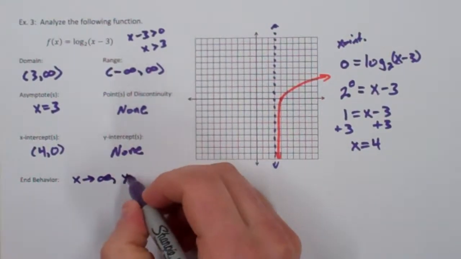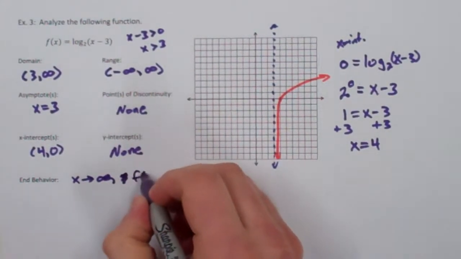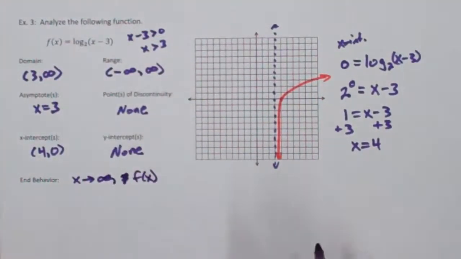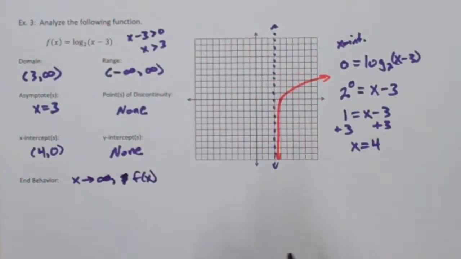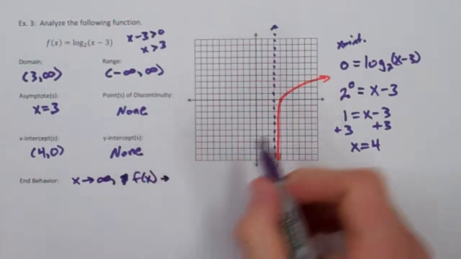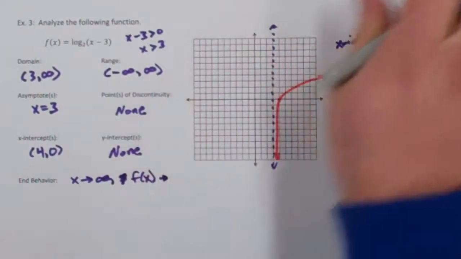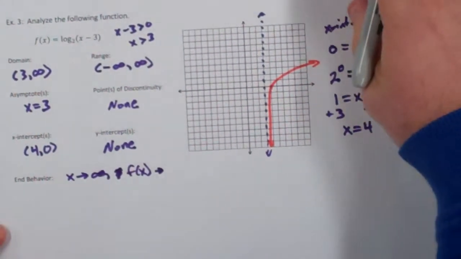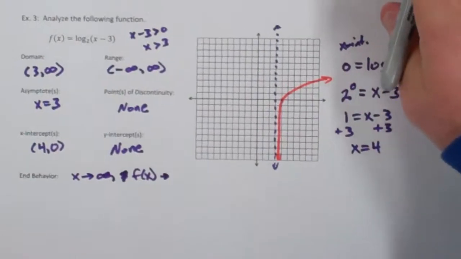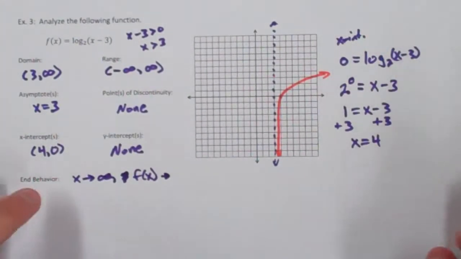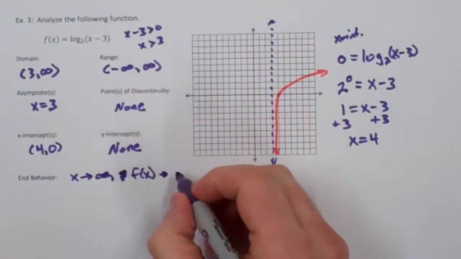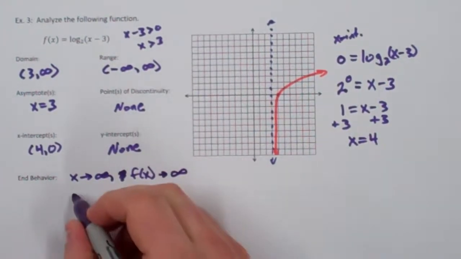And the value of y, or I guess in this case I could write f of x, try to keep in line with what's written previously. So f of x, in this case, as x gets big, the right side of the graph keeps on just growing. You can make x as big as you want, and you can make y as big as you want as you continue off to the right hand side. So f of x will approach infinity.